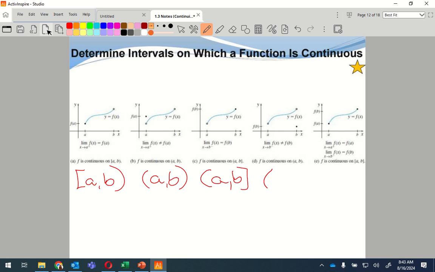Next one is (A, B], and this one is [A, B]. Now, the difference on this one and this one: it is defined at this point here, but it's not part of my interval. Same thing goes for here. It is defined here, but not on my interval, so it's not on my line.